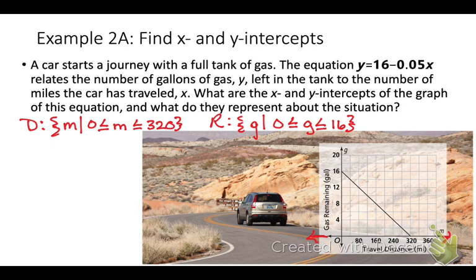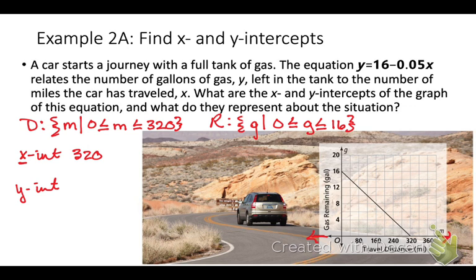Okay, so now let's answer the question. What is the x and y intercept? Where does this graph cross or meet the x-axis? 320. Where does it meet the y-axis? 16.